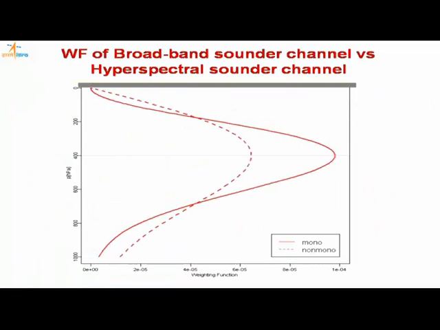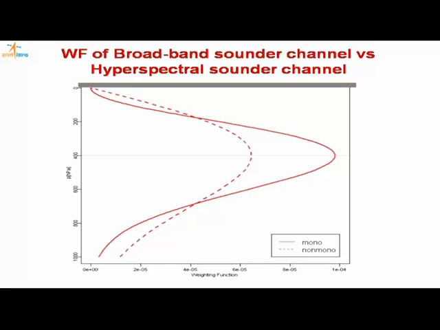Now, what is the difference between the weighting function for a broadband sounder and a hyperspectral sounder, that we can see from this slide. If we have this type of broad weighting function, it means the radiation emitted is from this broad atmospheric layer. That means we are getting information which is averaged over this broad layer.